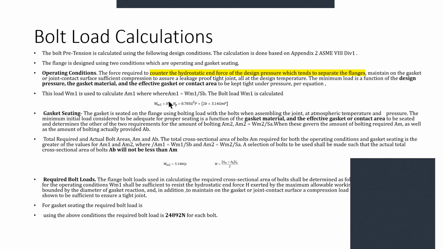Now, both the bolt loads WM1 and WM2 are calculated, and out of that the bolt is selected based on the higher magnitude, WM1 or WM2. Generally the WM1 load, which is during operating conditions, is higher.